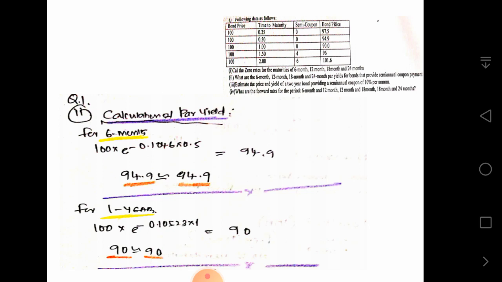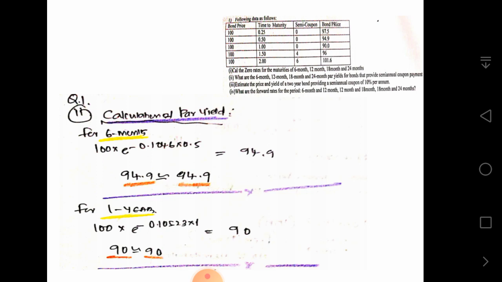With the 0 rate, the value should be 94.9, which is equal to the 94.9 currently selling in the market. Hence we can say that the 0 rate and the coupon rate are the same, hence the price is the same. The current market price and the current value of the bond are the same in the market.